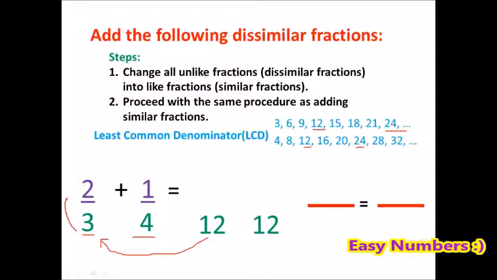And then the next step is to divide this 12 by 3, which is 4, and then 4 times 2 is equal to 8. So as you go to the left, you're going to divide, and then as you move up, you multiply.